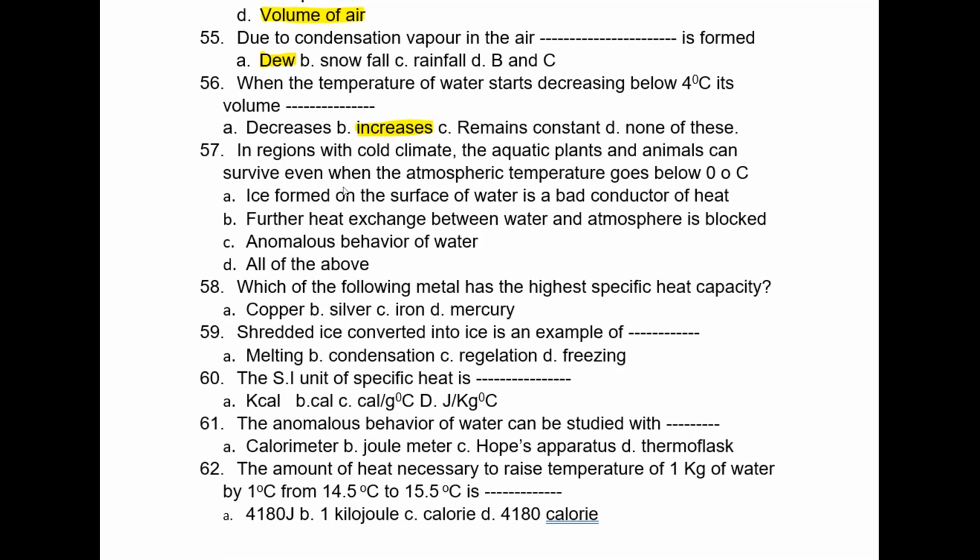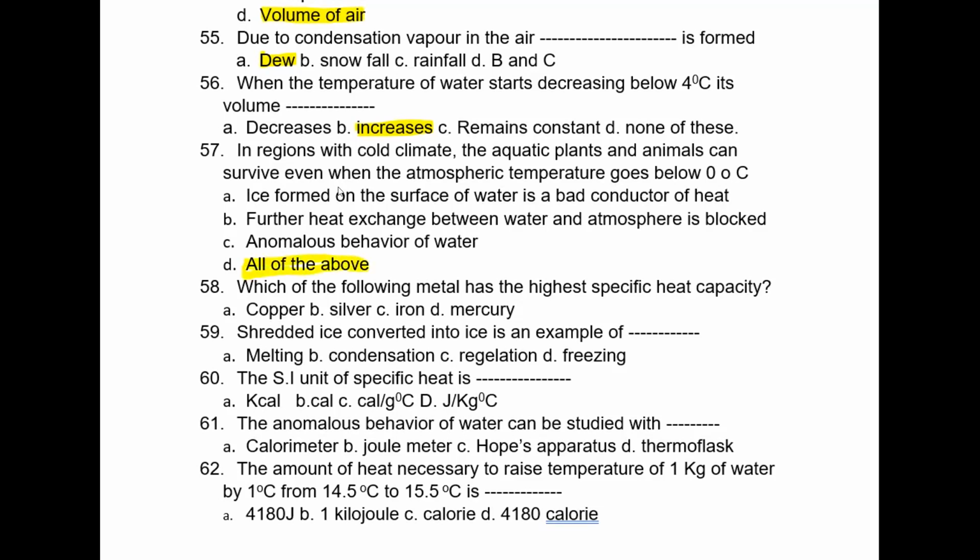We know that aquatic plants and animals can survive below 0 degrees Celsius because of anomalous behavior of water. So the ice formed will act as a bad conductor. First option is also correct. It is acting as a bad conductor. Then further heat exchange is blocked between water and the atmosphere. So the answer is all the above. Option D.